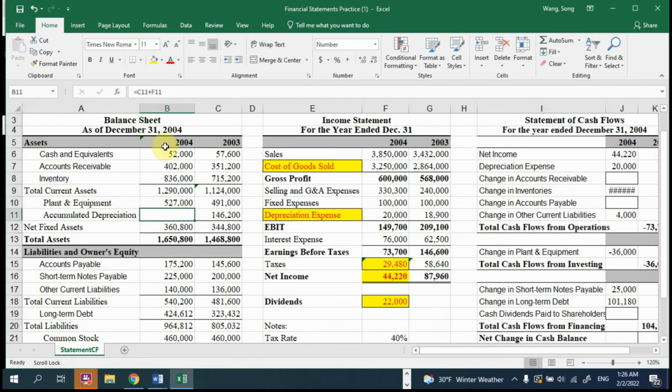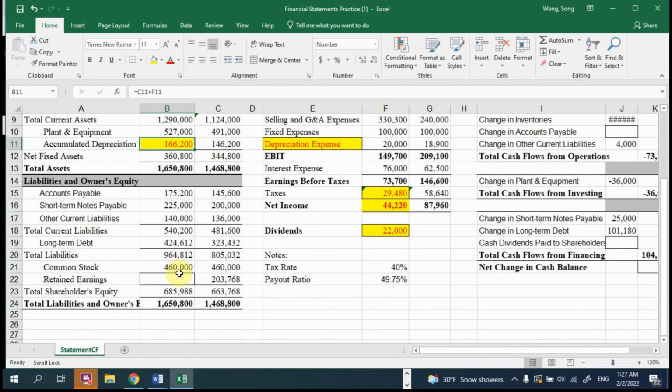Accumulated depreciation is years and years of depreciation summed up. If I highlight this one, just to tell you the answer, it is this number. How do I calculate it? It is the accumulated depreciation of last year plus the new depreciation expense this year, and that new depreciation expense comes from the income statement.